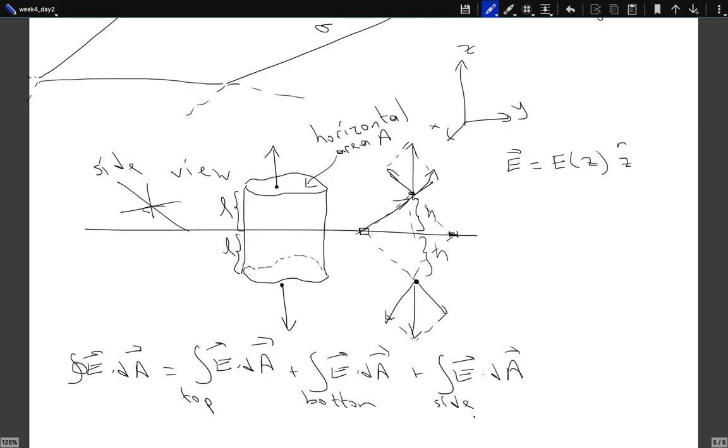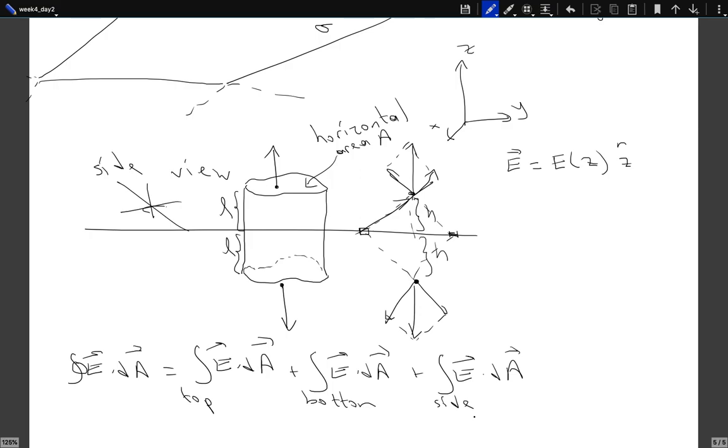Over the side, what is the direction of the dA vector? Horizontal. As you go around the side, it points everywhere, but it will be horizontal. It doesn't point up or down. It's always horizontal. The electric field is up on these parts or down on these parts.